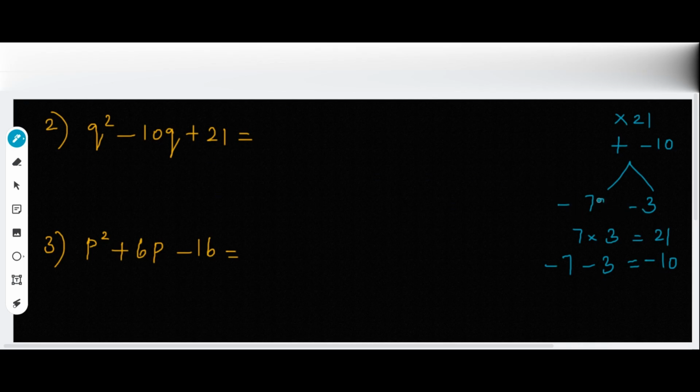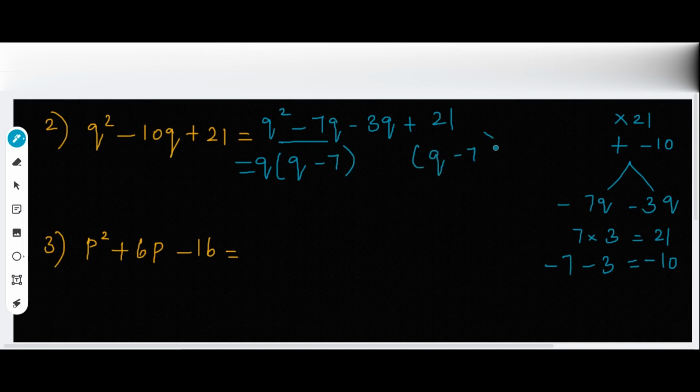Here the alphabet q is used, so you put q. Instead of minus 10q, you should write negative 7q and negative 3q. So q square minus 7q minus 3q, and then write the last term plus 21. No need to change this. In the first two terms, q is common, and write the remaining term q minus 7. Just copy down the factor.